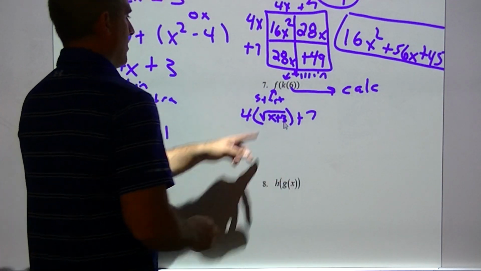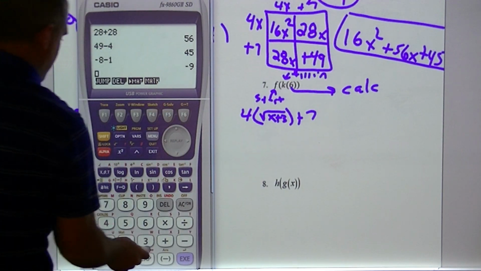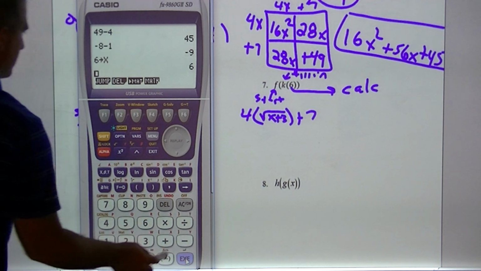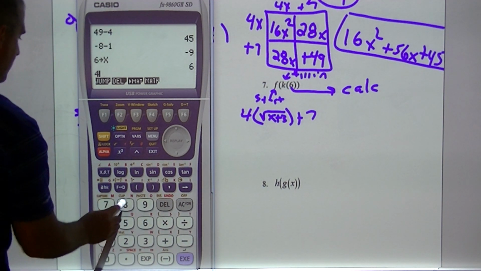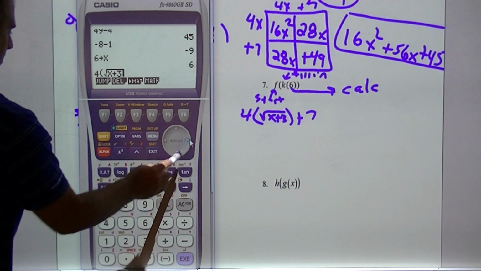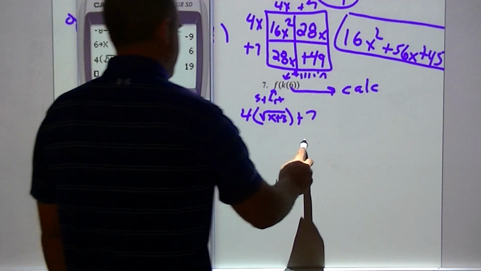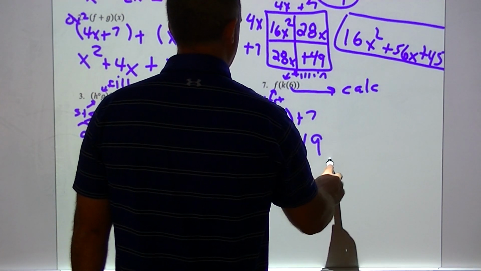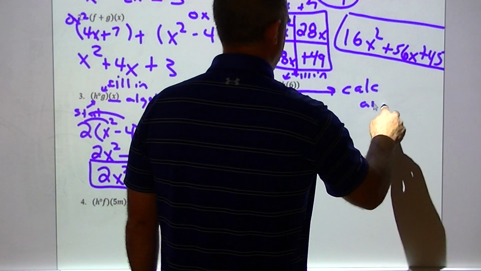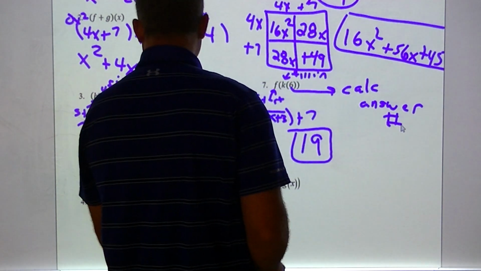Now the 6, here's what that means. I'm going to go to the calculator, go 6, arrow, x, execute. Then I type the problem in, just like I see it, into the calculator. 19 is my answer. So you should get a numerical answer. When you have the calculator, your answer should be a number. All right?